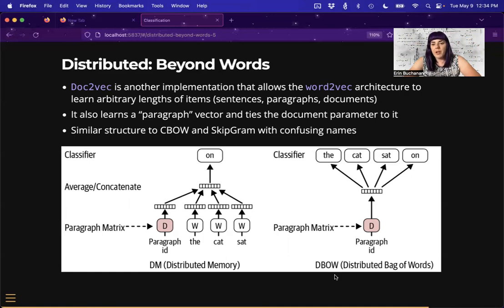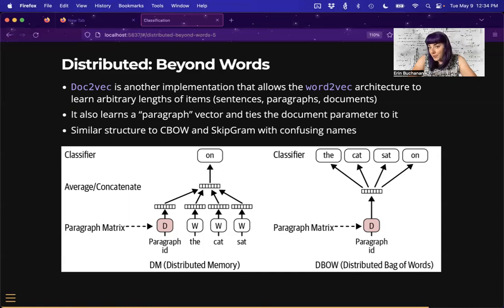In a Skipgram model, or the distributed bag of words, this paragraph ID is used to predict what the context would be. So that paragraph is tied to each word individually, and that's a Skipgram. And you can tell by which order they're predicting in.